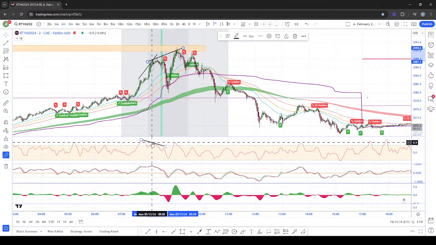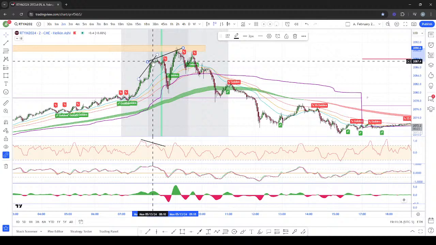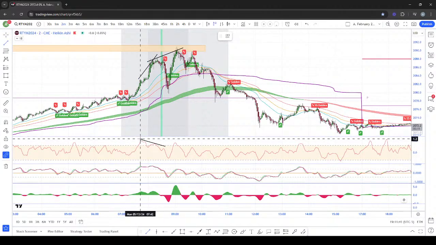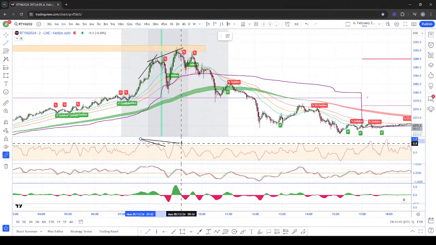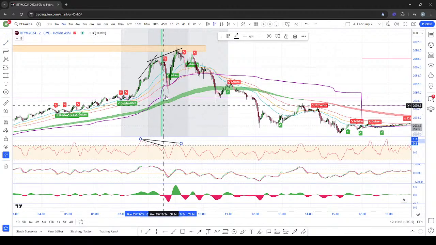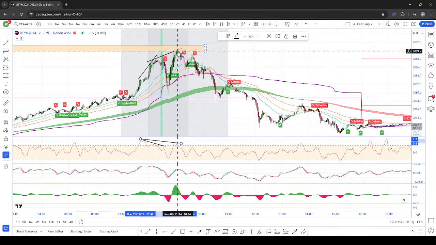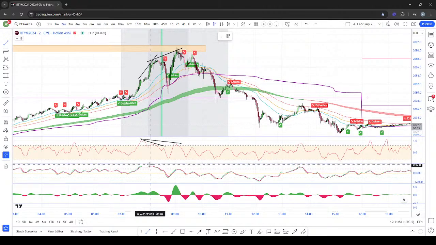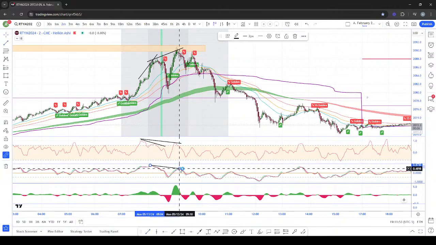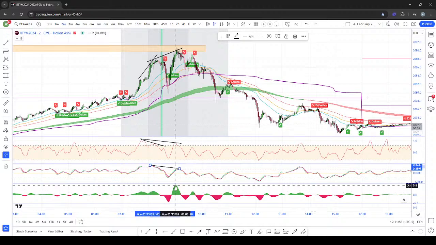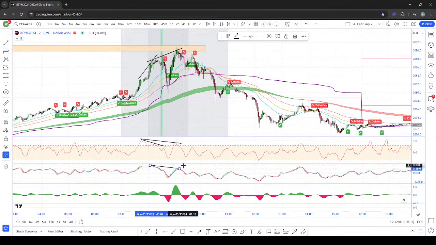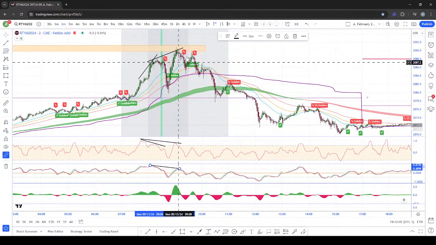So this one was from this single peak, and now if we look at the double peak, you can still see it as it's going down, and here price is making a higher high. You can find those same results on the TSI, not on the TTM squeeze right here, but at least we have a couple confirmations right here.